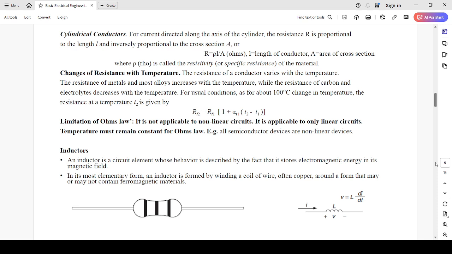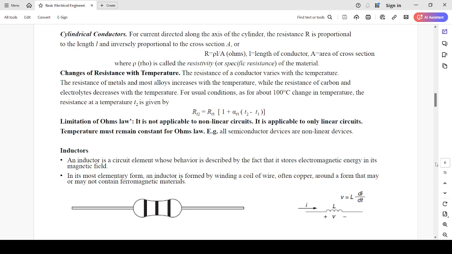In the category of Ohm's law, we have another subtopic, cylindrical conductors, for which we can calculate the resistance using the formula rho L upon A. That is, the resistance is directly proportional to the length of the conductor and inversely proportional to the area of cross section.